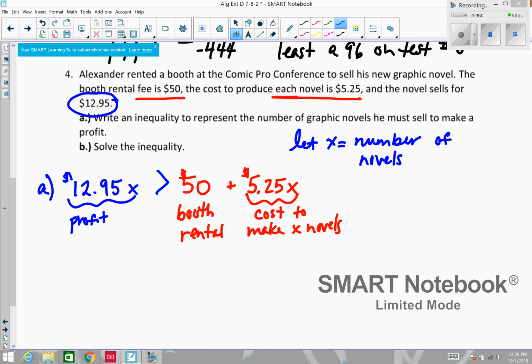I don't want to actually call that profit because we have to subtract the expenses to get profit. This is the money received for X novels. And that is our inequality that we can use.